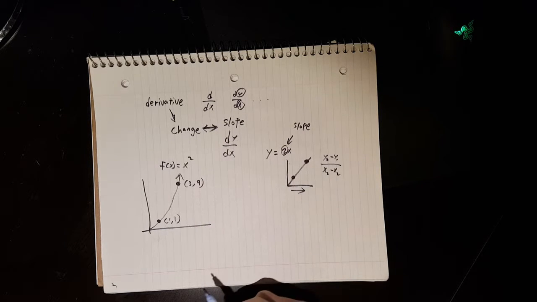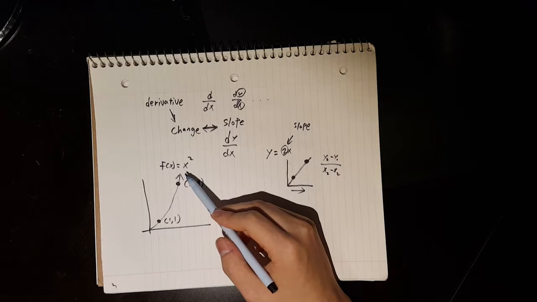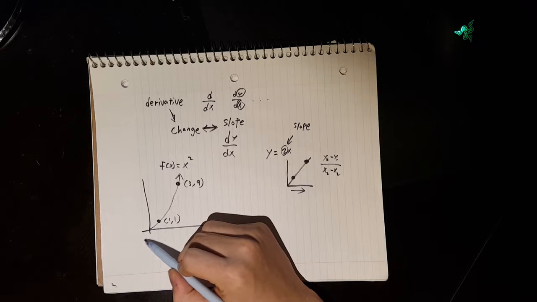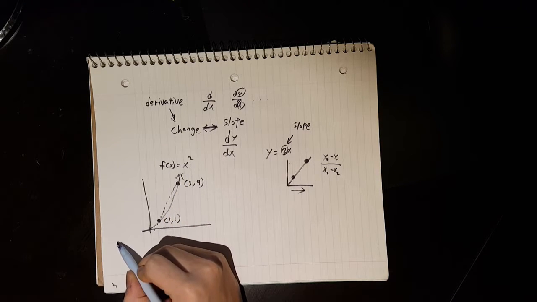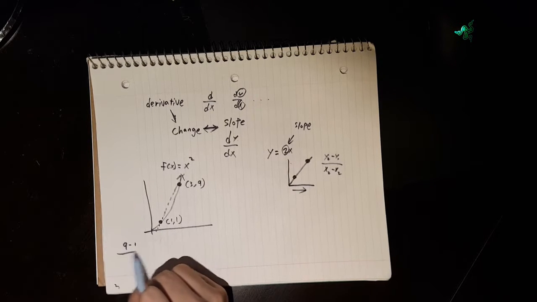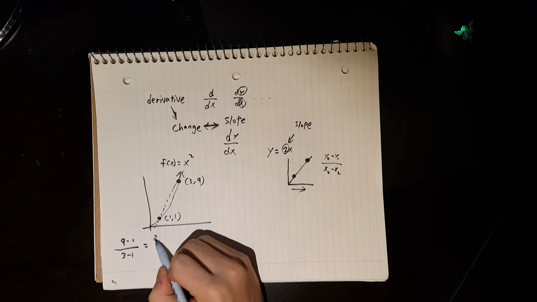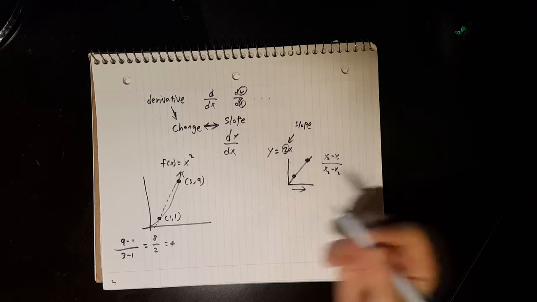So we'll have a function like this, and if we want a rough estimate of the slope, we draw a line like this, and it's going to be (9 - 1) over (3 - 1), which gives us 8 over 2, which is 4.